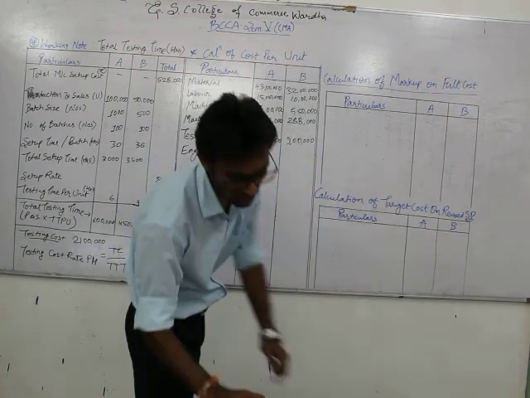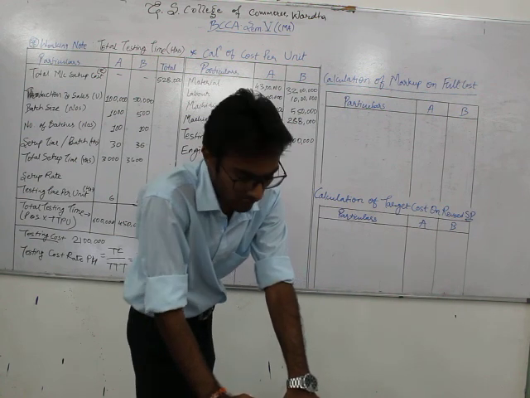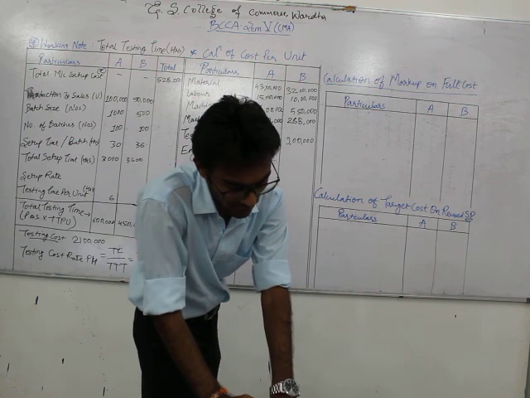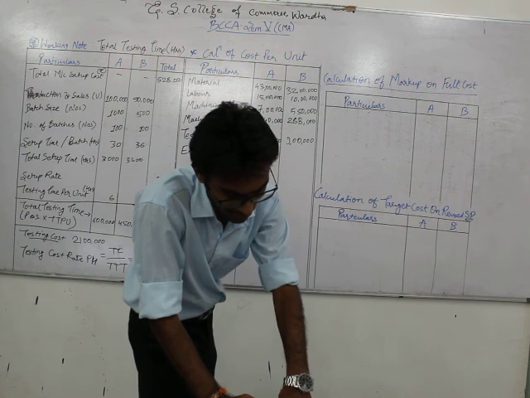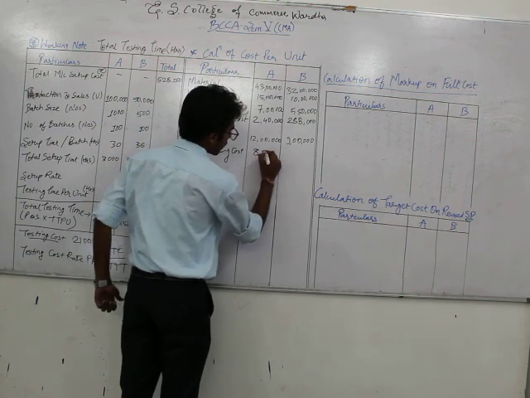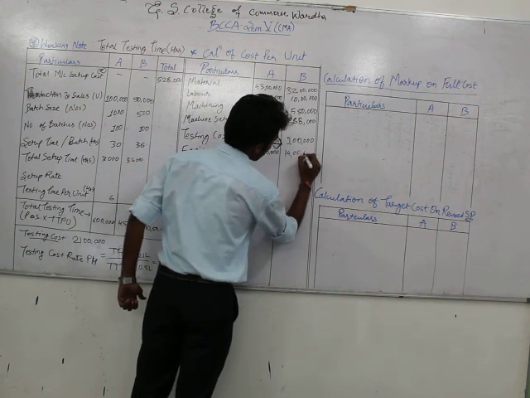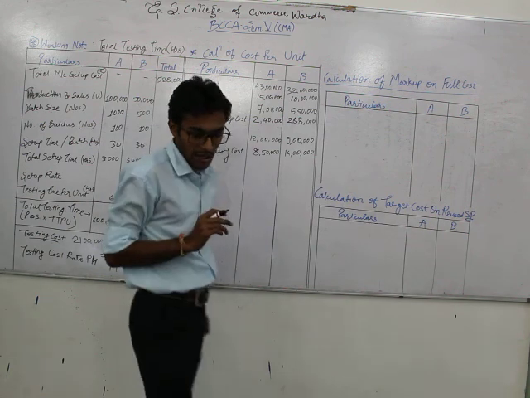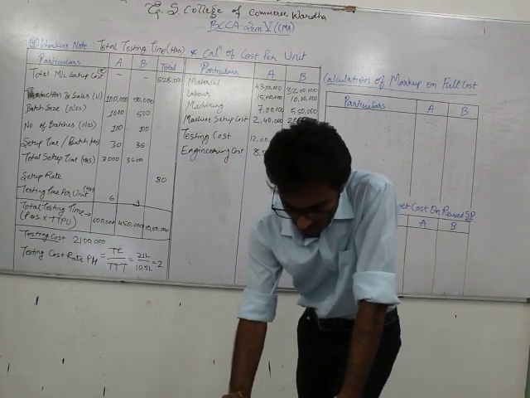In the question you can find the engineering cost in the first table: 8,50,000 for A and 14 lakhs for B. This is how you calculate your engineering cost.